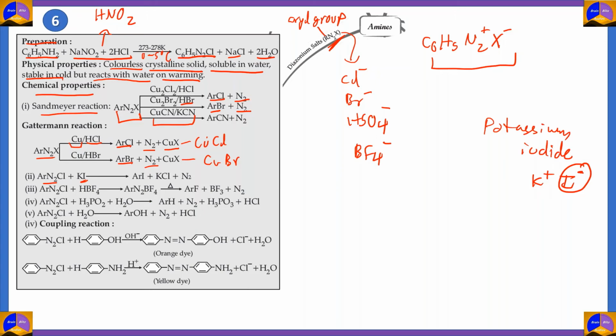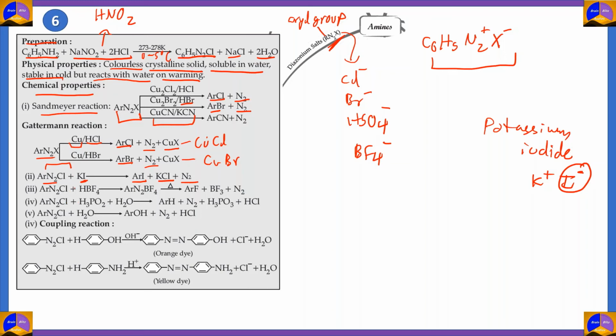The diazonium salt reacts with the iodide ion. What they do is remove this N2Cl part and form an aryl iodide, ArI. So it's an aryl group attached to an iodine, and the other byproducts are potassium chloride and nitrogen gas.